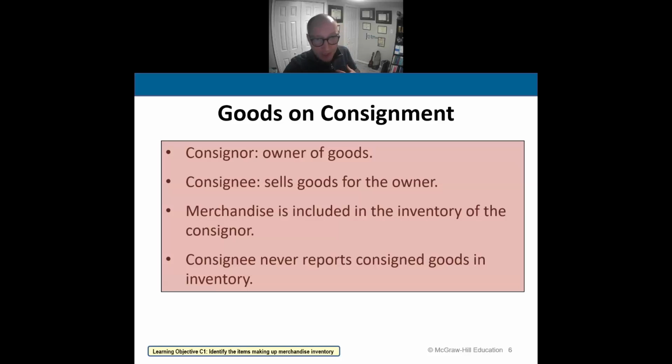Okay? I'm the consignee. I'm the one selling the goods for the people that own it. The consignors, the people that own the goods. They give it to my shop, and then I sell it on their behalf. And then when it sells, I'll pay them. That's what a consignment means.